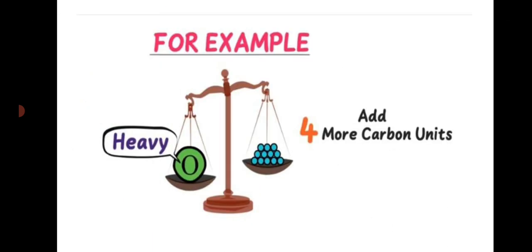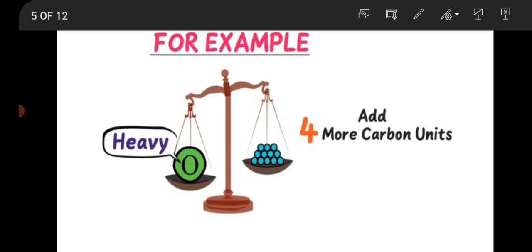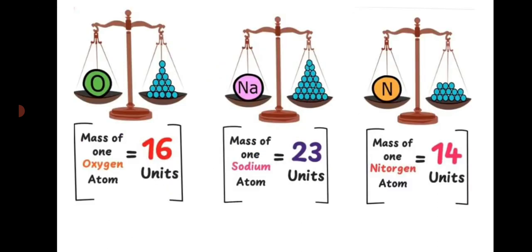Now against these 12 units of carbon they put oxygen, and they found that oxygen was slightly heavier than these 12 units. So they put 4 more carbon units on this side. If they add 4 more carbon units to these 12 units already present here, both sides of the weighing balance will be in equilibrium. That means the mass of oxygen is 16 units.